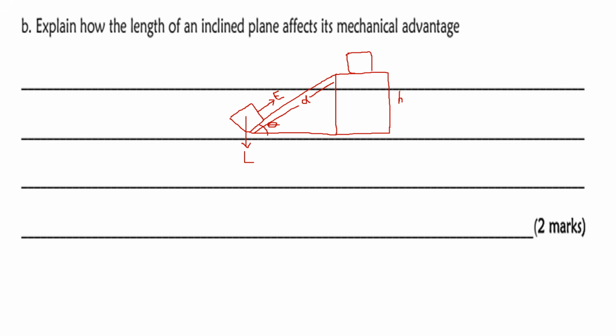So the ease with which the load is moved from where it is by applying or pulling it using a force E to the top there will depend on a number of factors.